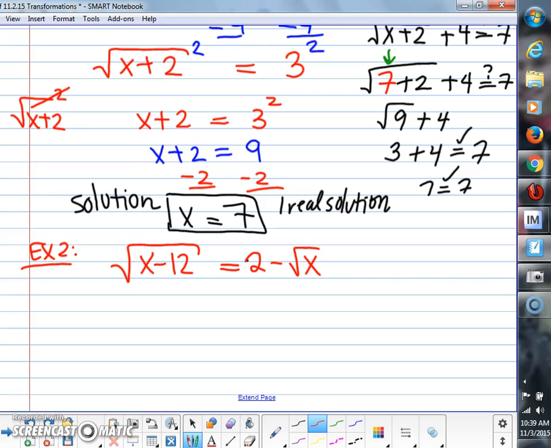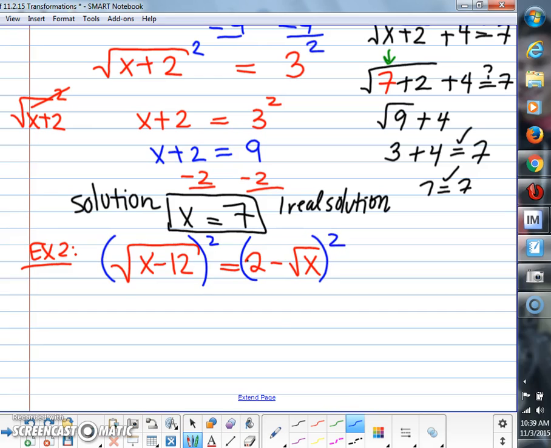You're going to need to cancel out the 2 radicals first. Should we cancel out the radicals or should we subtract or add first? Yeah, I would cancel out the radicals. Because there are radicals on both sides of the equation, you want to get rid of those first. And how would you do that? Square. Yeah, you're going to square this side and you're going to square that side.